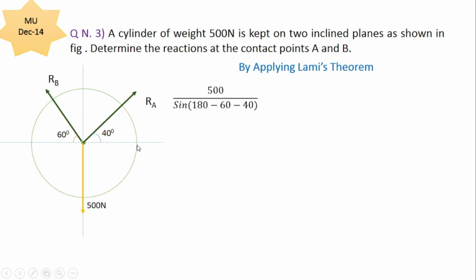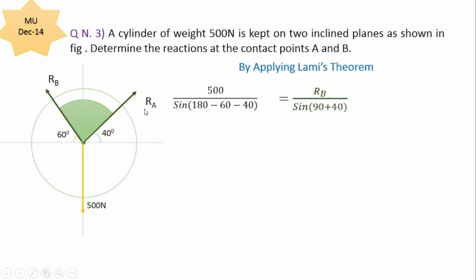Here we first consider the known force, that is 500 Newton, and the opposite angle will be the angle between RB and RA. So it is equal to 180 minus 60 minus 40, and this is the value of 500 divided by sine of 80. The next one is RB.